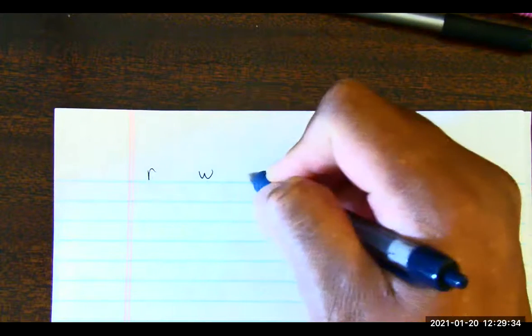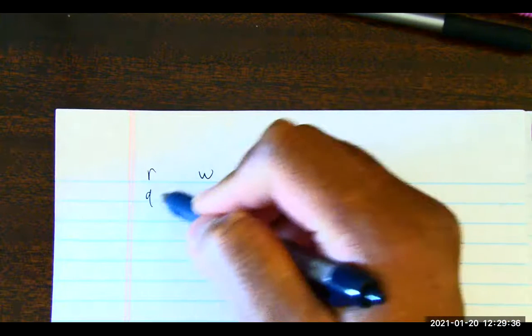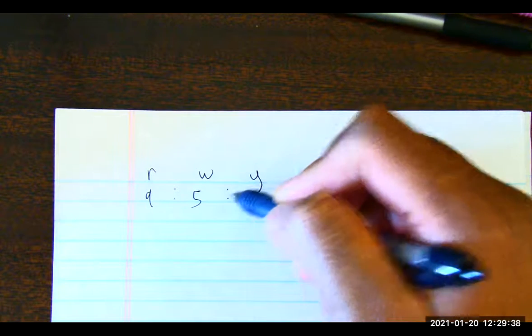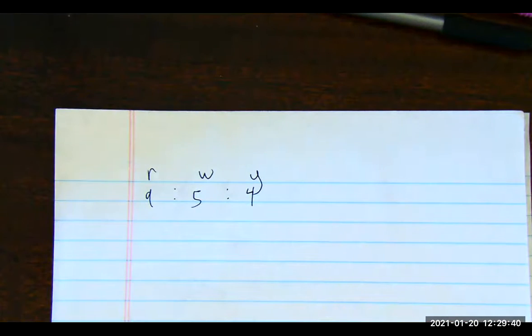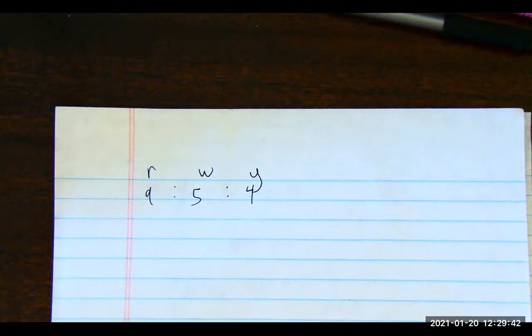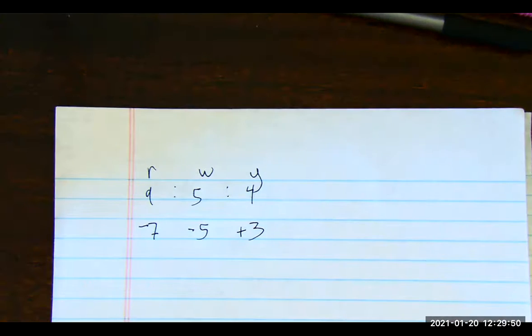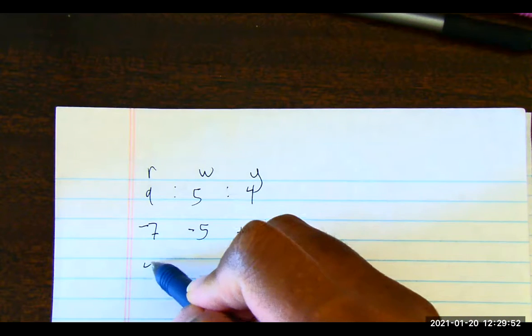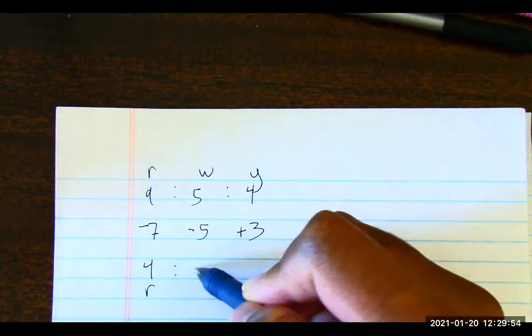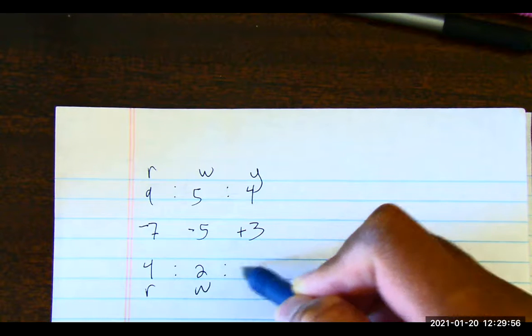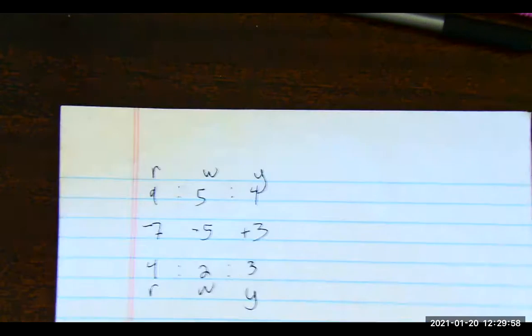So here we have red, white, and yellow candies in a 9 to 5 to 4 ratio. 7 pieces of red candy removed, minus 7, and 5 pieces of white candy removed, minus 5, plus 3. It leaves us with a 4 for red to 2 for white to 3 yellow.